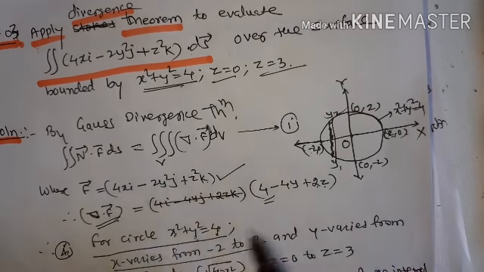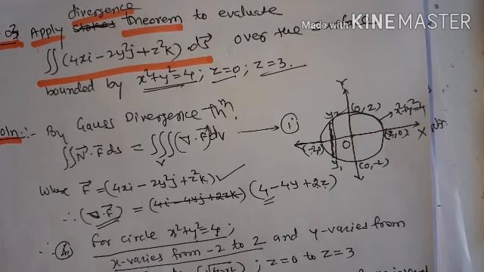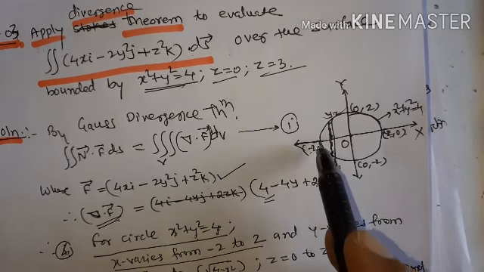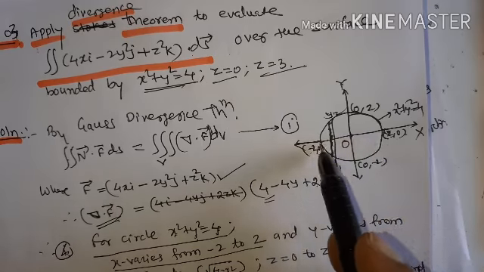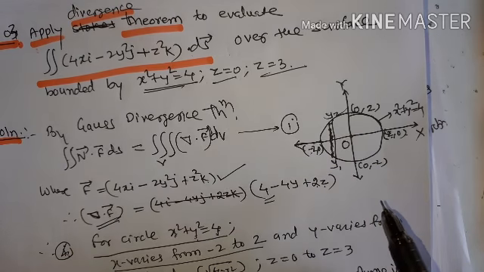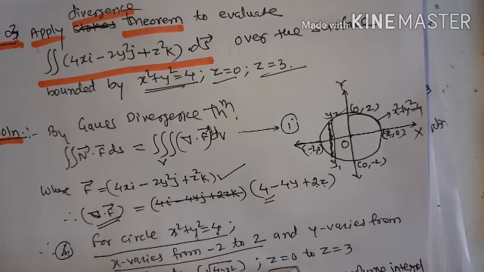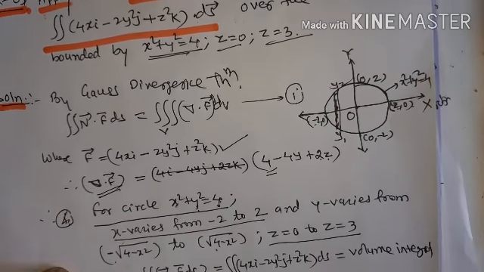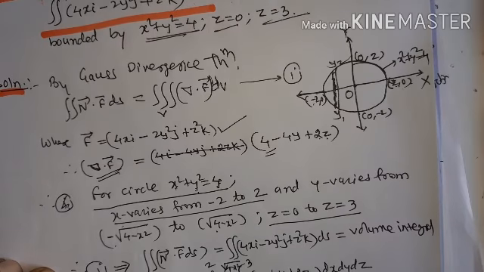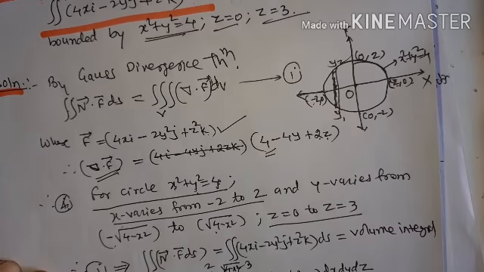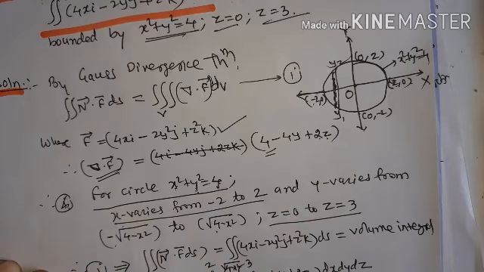So y varies from minus root of 4 minus x square to plus root of 4 minus x square along the strip, and this strip will move along the x-axis so that it covers the entire area of that circle. And z equal to 0 to z equal to 3 is already given in the example. So to evaluate the volume integral, we have limits for x, y and z.